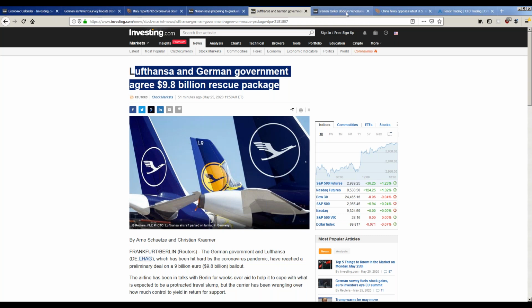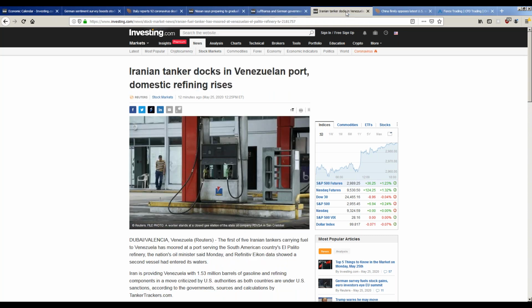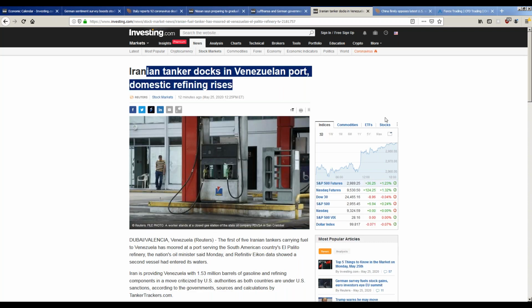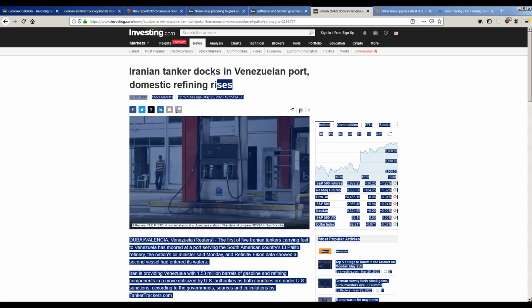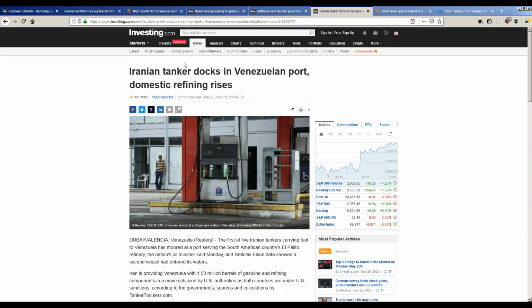There are some possible triggers out there to reverse things. Iranian tanker docks in Venezuela port. Okay, maybe some don't, but most of us probably know Iran has sanctions on it from the US, not allowing them to sell oil. What do you think might happen in this situation? The US already doesn't get along with Iran or Venezuela.